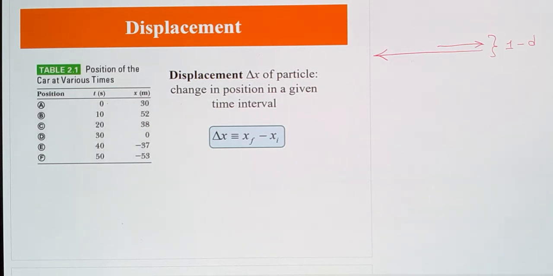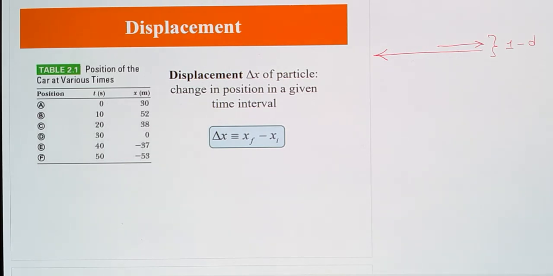For example, in Arabic, displacement and distance. Mass, for example, is a scalar. What's your mass? 50 kilograms, 60 kilograms, 70 kilograms. You will never say 70 kilograms to the left or 70 kilograms to the right.